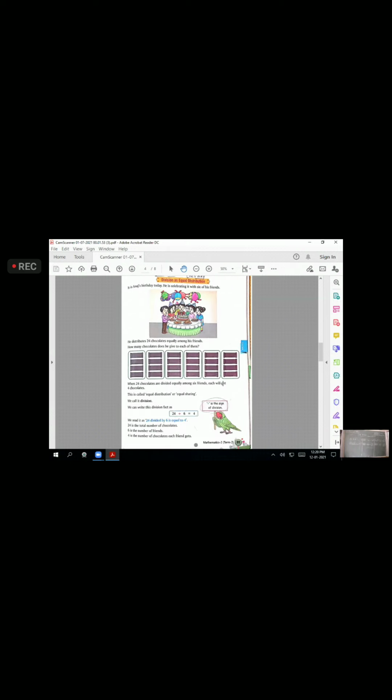Yeah, next day. Tuesday I taught this. Tuesday, division as equal distribution. Okay, ma? I taught this. Here, you have to circle this. See? The parrot is holding a card. You know? Divided by is the sign of division. Please circle this.